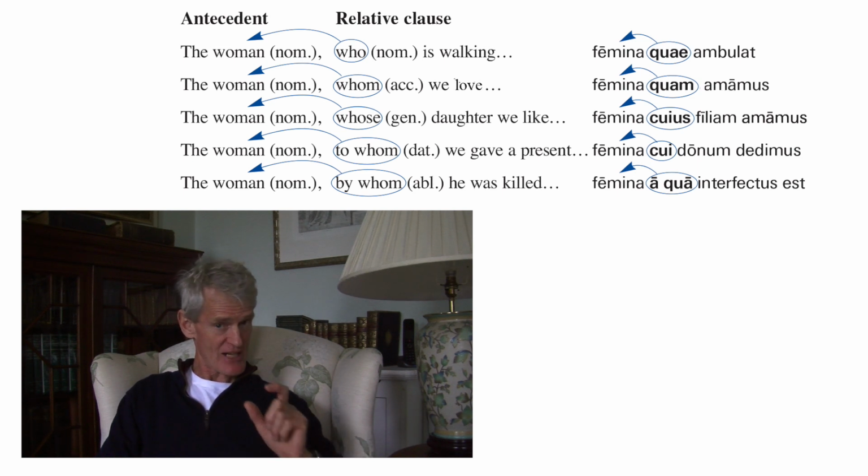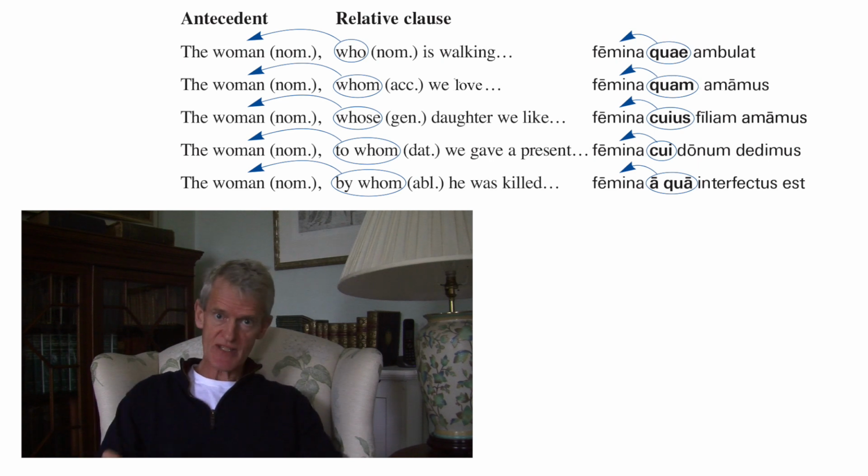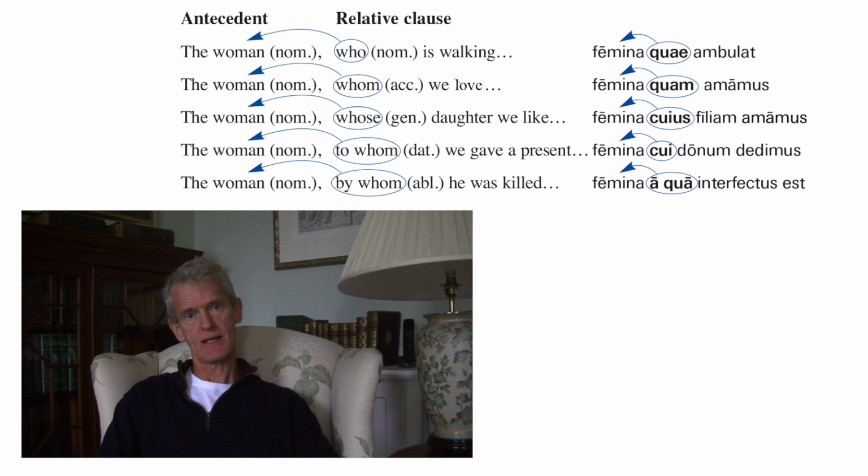Well, it's actually a diphthong. It's cui. C-U-I is pronounced cui. Okay, so dative singular, cui, and then we gave a present, donum dedimus. Okay, so we get femina, cui donum dedimus laeta est, or whatever the sentence carries on to say about the woman.